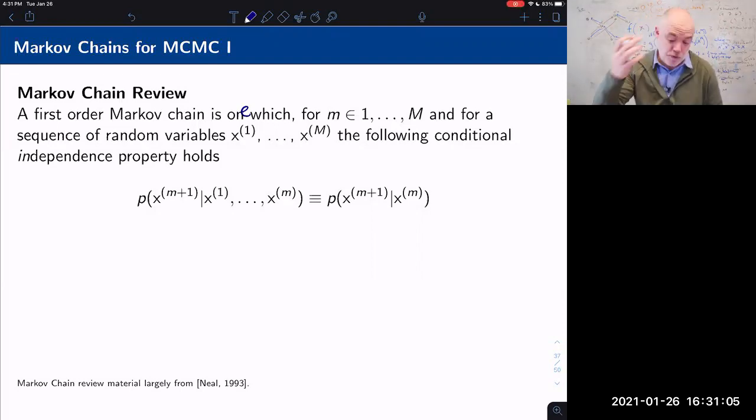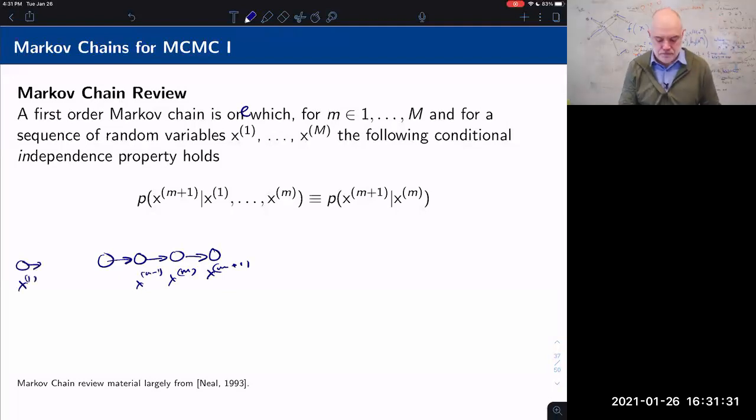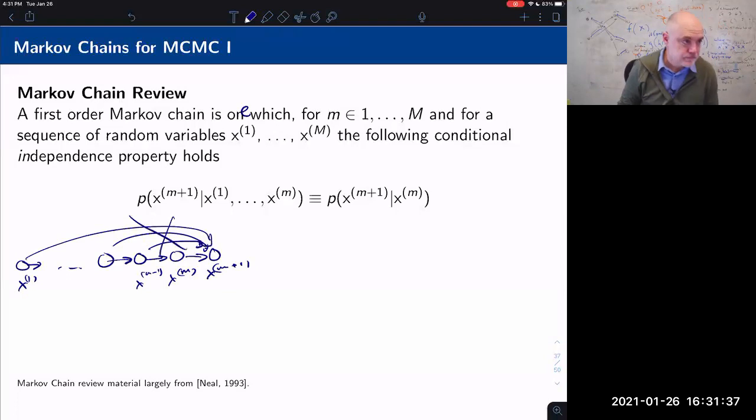It's equal to the probability of xm plus 1 given xm. In other words, conditionally independent of all the rest. In terms of the graphical model, we have some variable, and there is some transition from one to the next, and there are no arrows all the way back into the past.